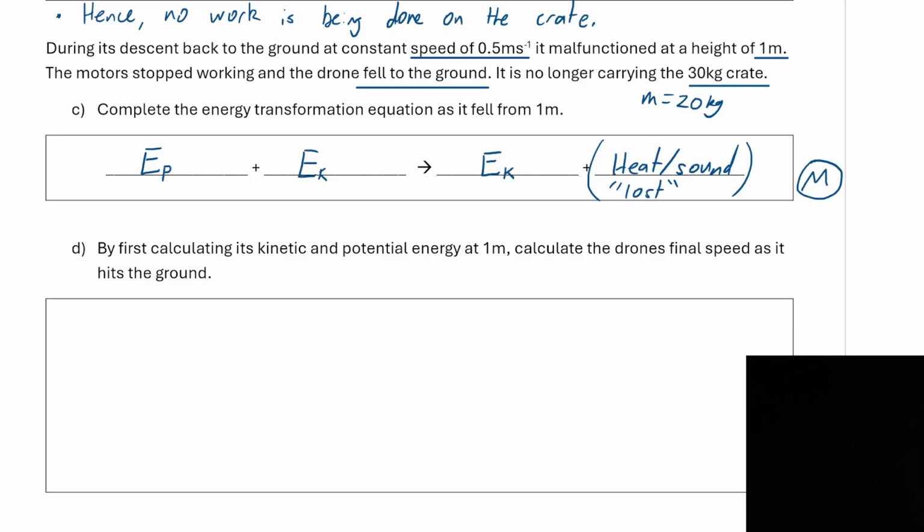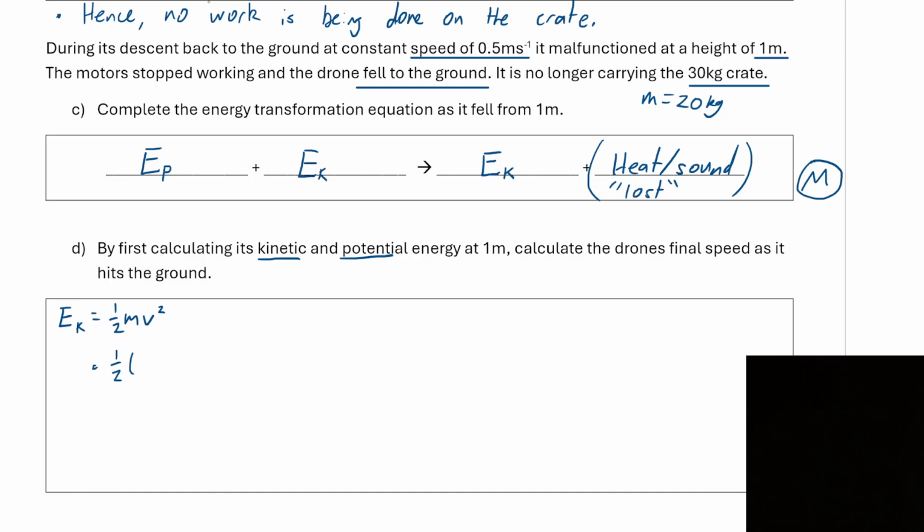So let's calculate this one. It gives us a hint, find its kinetic and potential energy at 1 meter. So let's do what it says. Kinetic energy is equal to half times the mass times the speed squared. It's the energy of motion, where the mass is no longer 50.